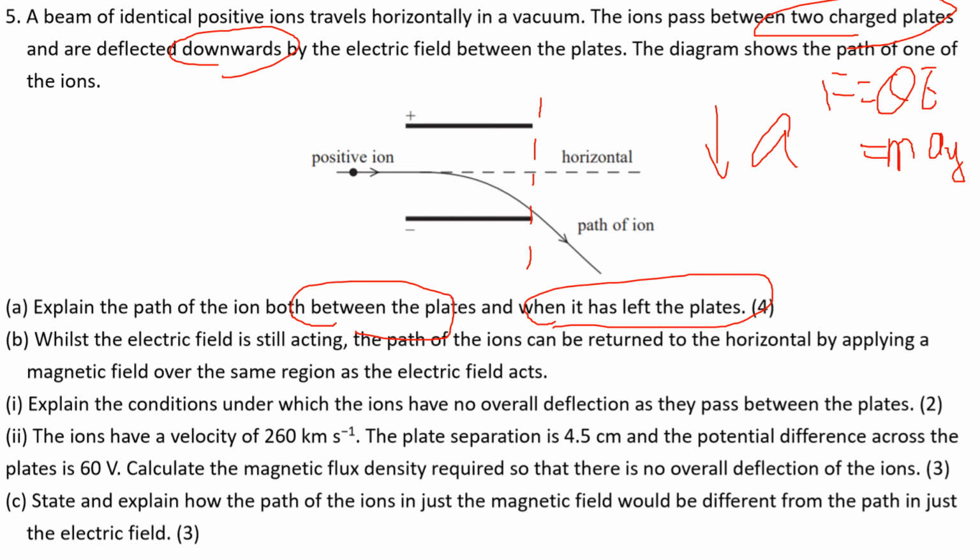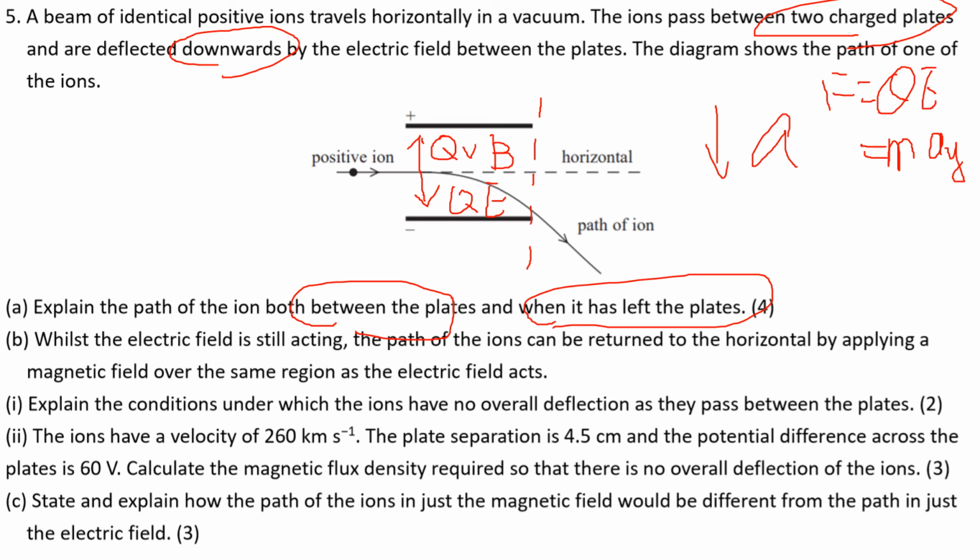The electric field is still acting. The path of the ions can be returned to horizontal by applying a magnetic field over the same region as the electric field. We know that the electric force is pointing downward. So if we apply a magnetic force which is pointing upward, QvB, then we can balance this force and make the ions move horizontally.